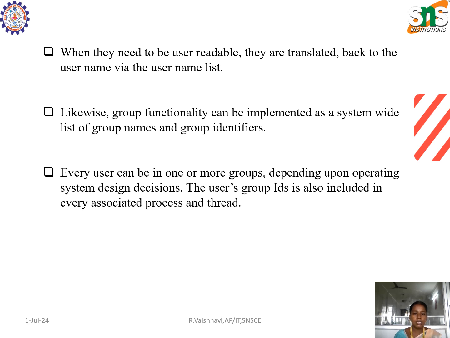Next point, likewise, the group functionality can be implemented as a system-wide list of group names and group identifiers. Last point, every user can be in one or more groups, depending upon the operating system design decisions. The user's group IDs are also included in every associated process and thread.